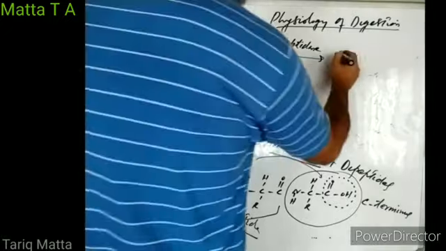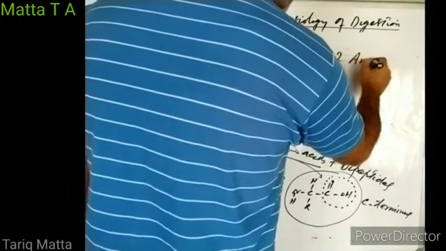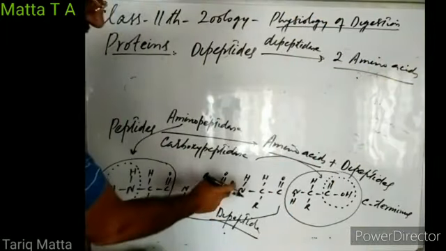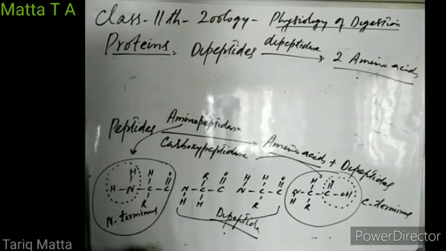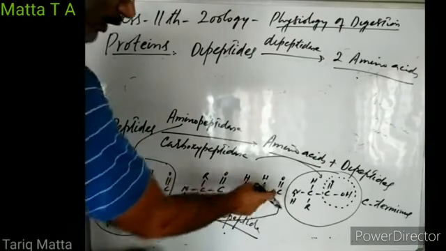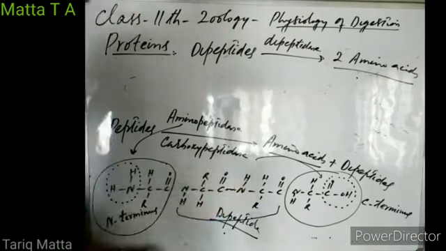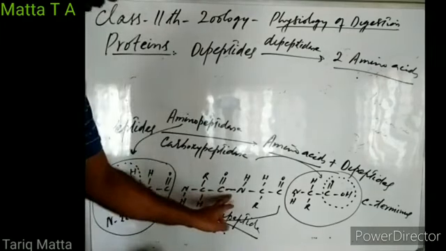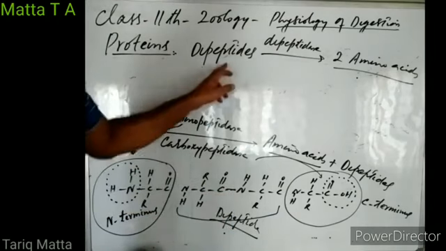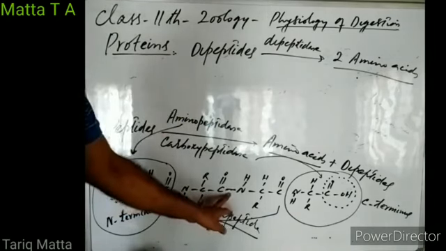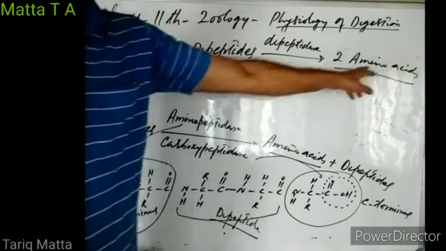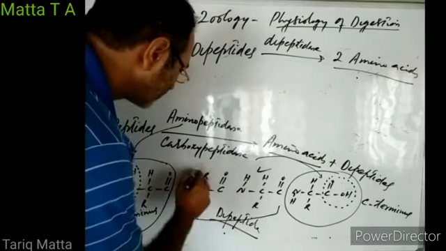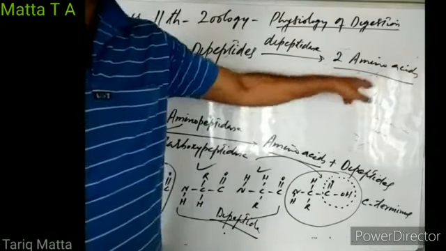It breaks the dipeptide into two amino acids. When the peptide bond between the two amino acids is broken, one amino acid is released and another amino acid is released. So two amino acids are released.